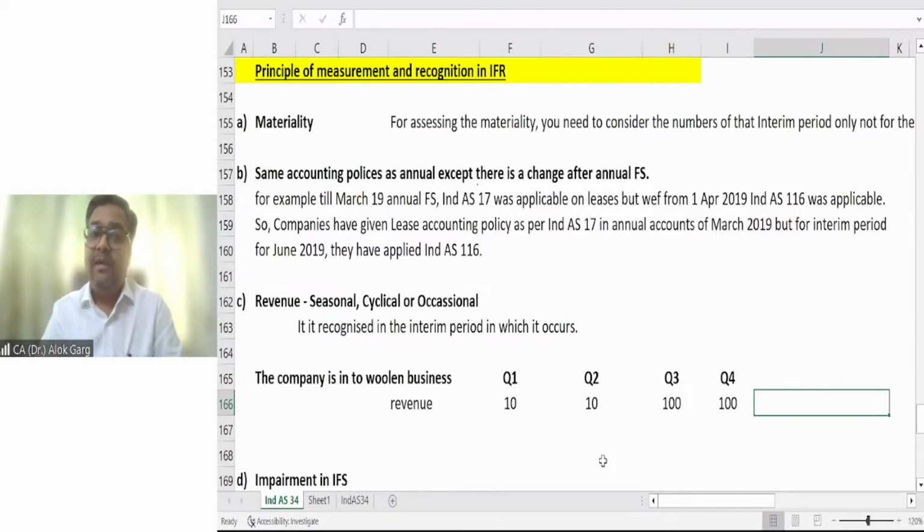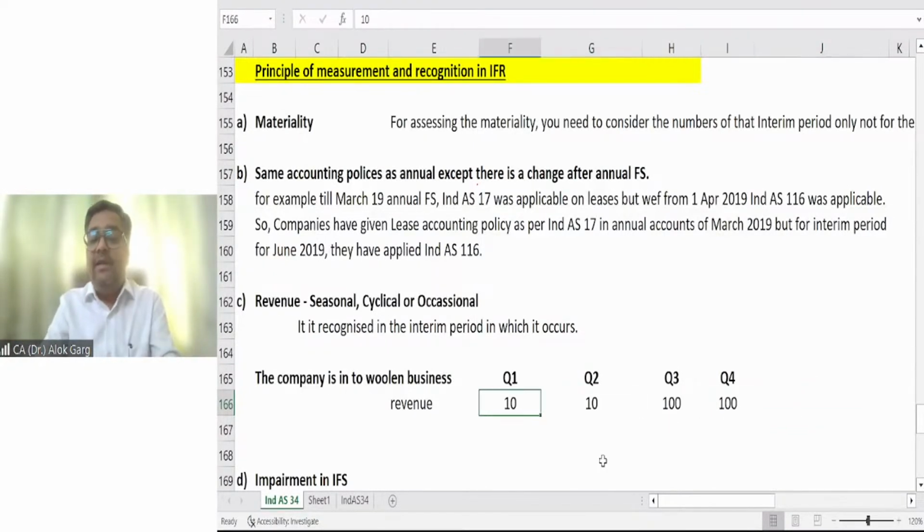The standard says that if the revenue is seasonal, cyclical, or occasional, number 1, you remember the mandatory disclosure which I have told you, you have to give the disclosure. Number 2, the revenue which has been earned in the quarter has to be shown in that quarter only. It is not required to be postponed, preponed, or deferred. So you can see that in the first quarter the revenue could be 10 crore only. In the second quarter, the revenue could be 10 crore only.